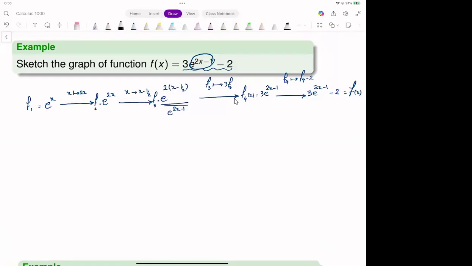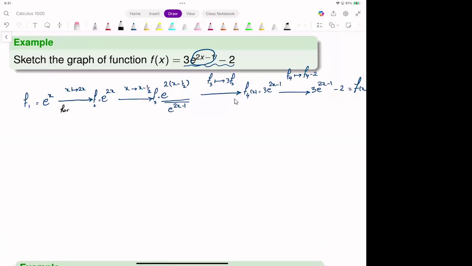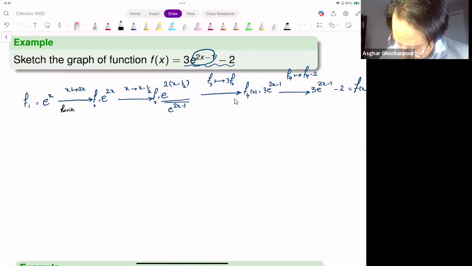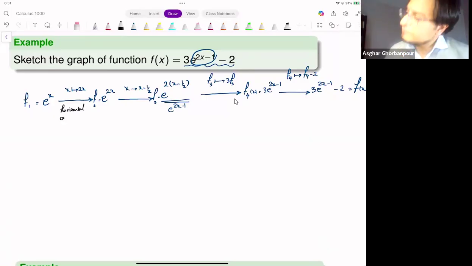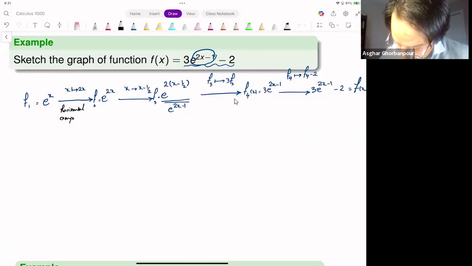Is it horizontally compressed by 1 over 2? Thank you. So horizontal compress, or what's the word I usually use? Stretch, compress, I'll use compress, by factor of 1 over 2.